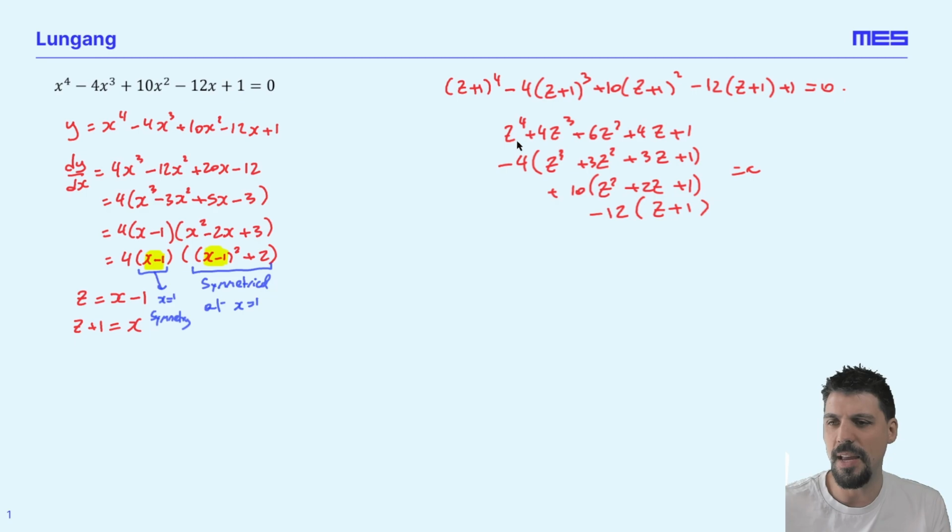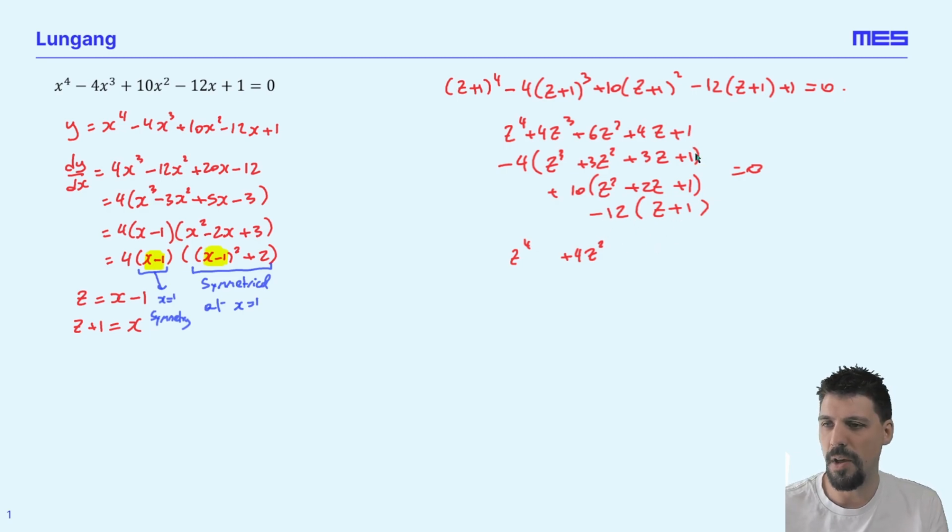So what do we end up with? z to the 4. 4z cubed minus 4z cubed, nothing. That's kind of neat. z squared: 6 minus 12 is minus 6, plus 10 is plus 4z squared. z's: 4z minus 12z is minus 8z, plus 20z is 12z, minus 12z, no z's.